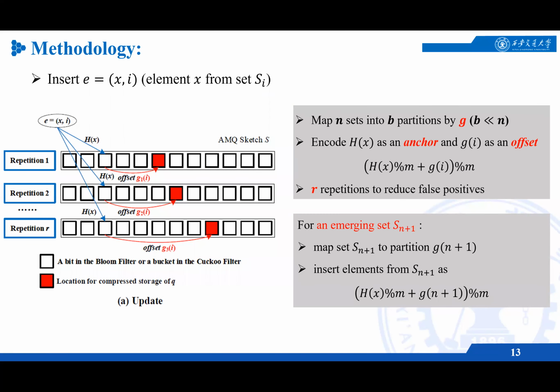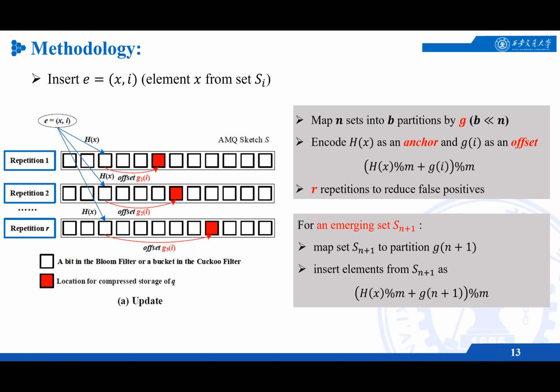Specifically, like Rainbow, CFC also maps n sets into B partitions in advance. To insert an element X from set Si, CFC encodes H(X) as an anchor and G(i) as an offset.